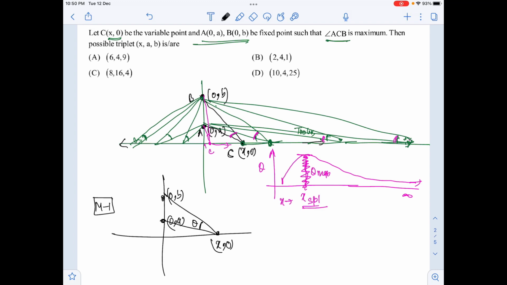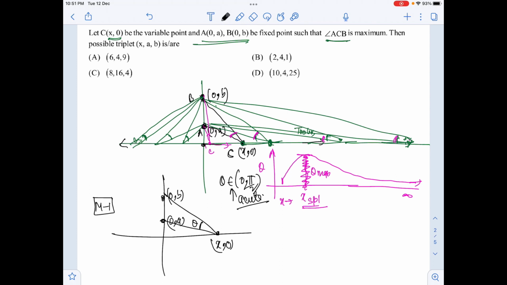Let's call this angle theta. Now you already get a feel from the diagram that theta will be somewhere between 0 and pi by 2. It means theta is already acute. There is no option of obtuse here, clear, because all the options contain a and b to be positive. Okay, a, b and c are positive, so of course all the theta variations will be acute angles.